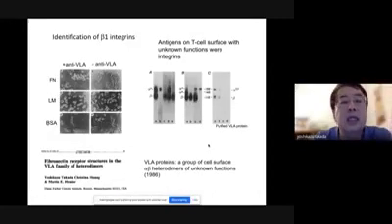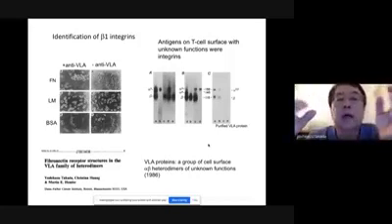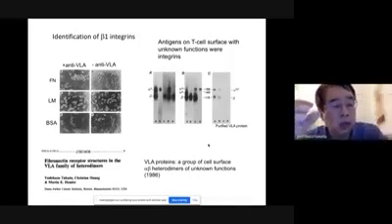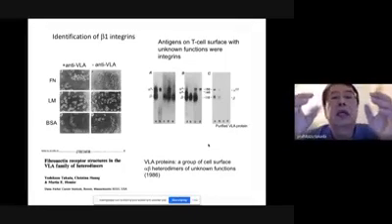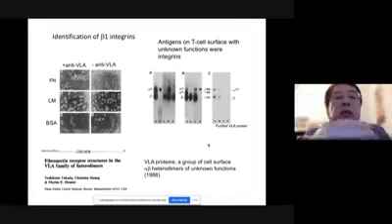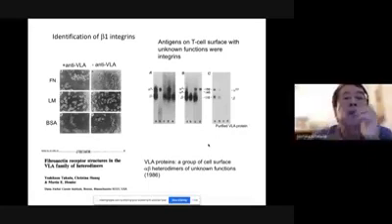Then I started working on integrins, and what we found is that another approach to find out what molecules are involved in cell ECM interaction is to make monoclonal antibodies to the cell surface. So we had the VLA, an antigen on T cell surface with unknown function.